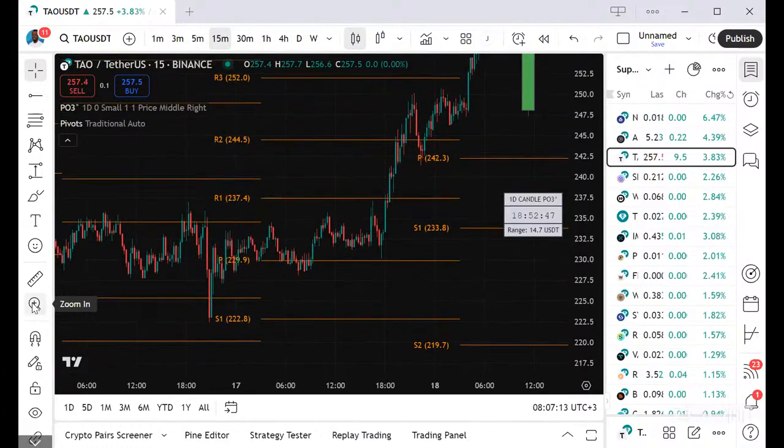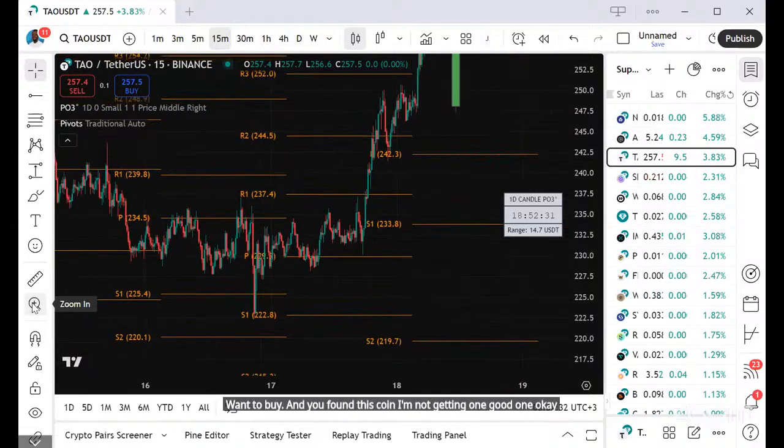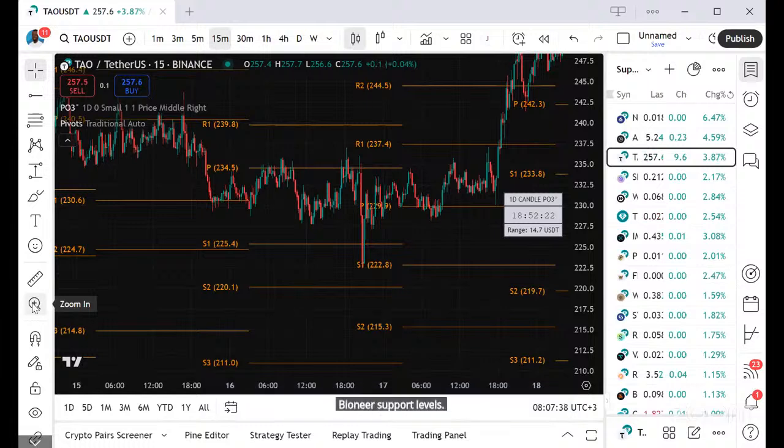You basically want to buy, and you found this coin. I'm not getting one good one, so let's take this example here. Buy near support levels, if the price is approaching and shows signs of reversal.